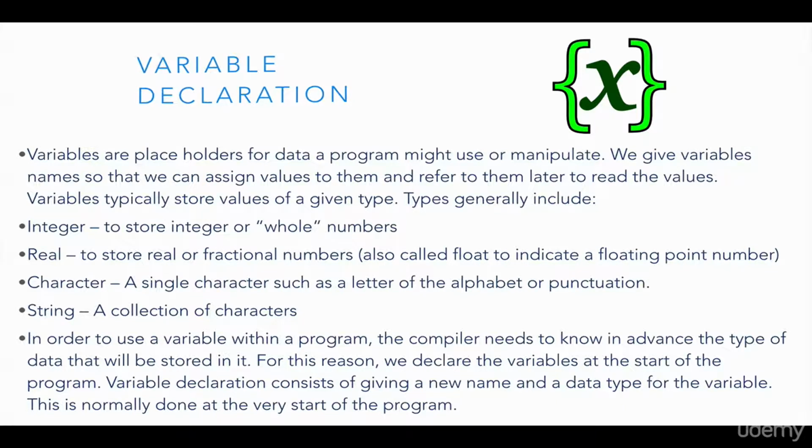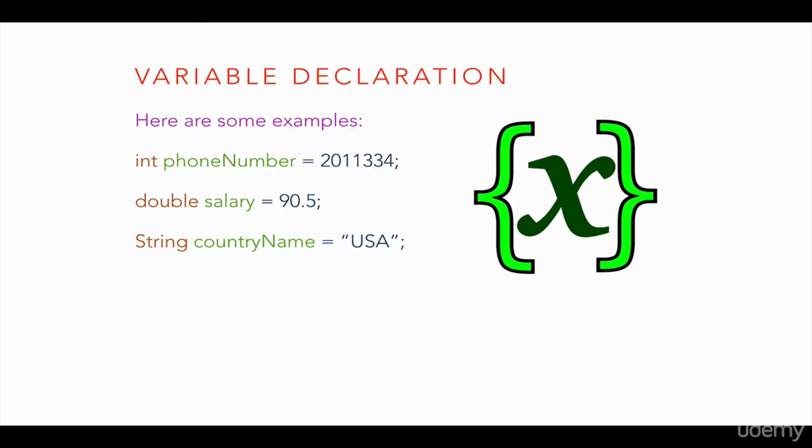Let's see some examples of declaring and assigning values to these variables. Imagine that I want to create an integer variable. The data type is integer, and the name of my variable is phoneNumber. As you can see, the style of writing my variable name is called camel case.